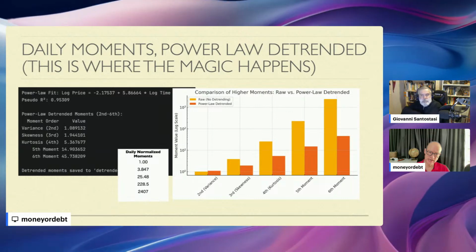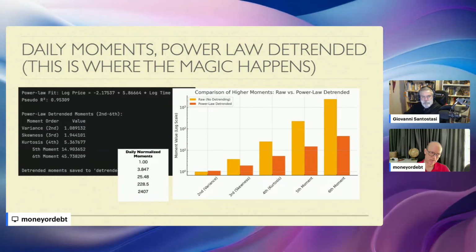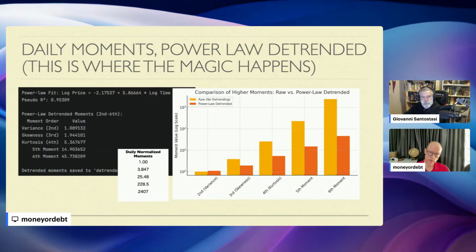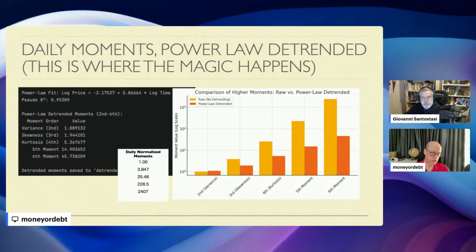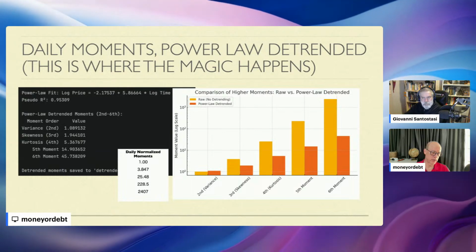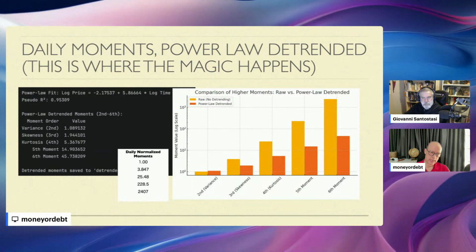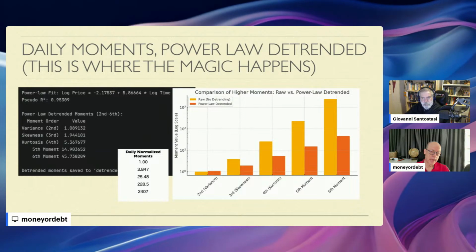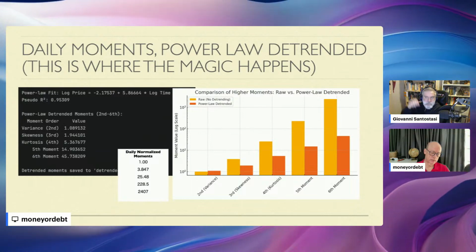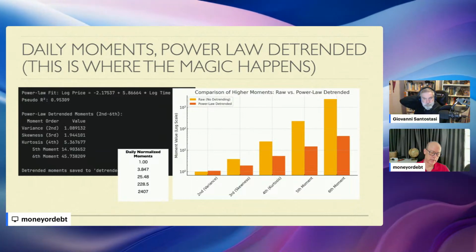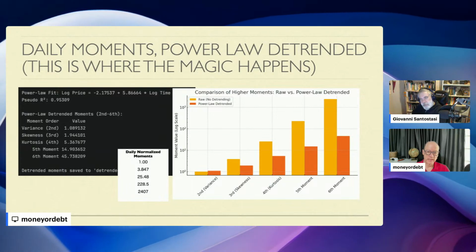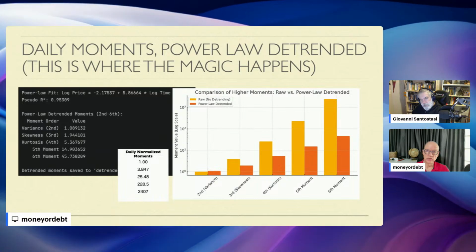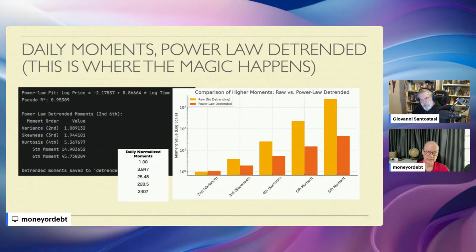It dropped from 229 down to 15 for the fifth moment. 25 down to 5, 3.8 down to 1.9. So you can see it's almost kind of a square root scale down. And what this is telling us is that if you looked at the actual underlying reality and detrend with the power law, that it's better behaved than you would assume using traditional techniques.